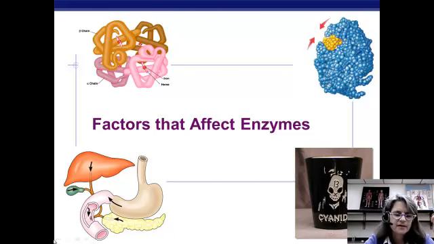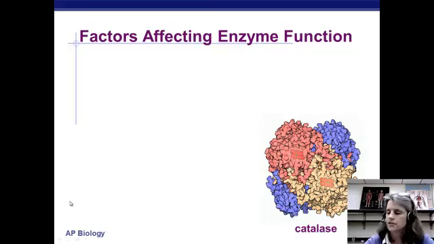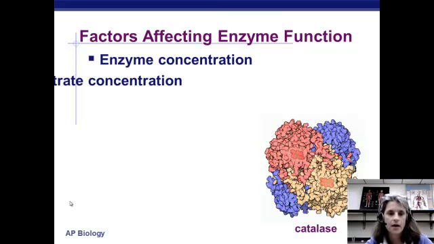There are many things that can affect the ability of an enzyme to do its job, to catalyze its chemical reaction, to make that reaction go faster or slower: different environmental conditions. So what we're going to look at is what those different things are that can affect enzyme function and exactly how they do so.